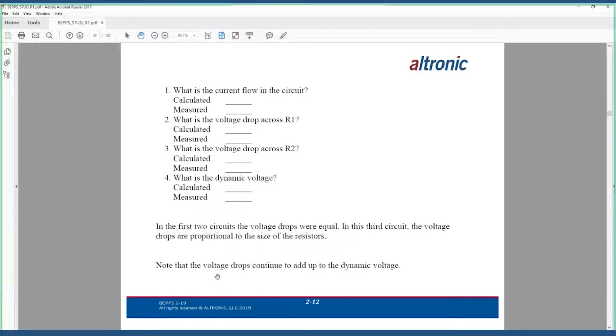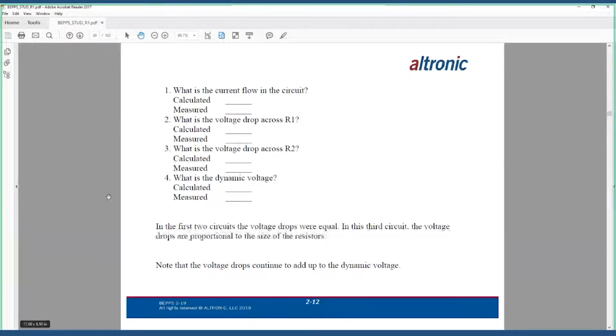So we know that we have 9 volts as our battery source. We know from doing the basic math, 9 divided by 11,000, we should be equaling 0.00081 amps.